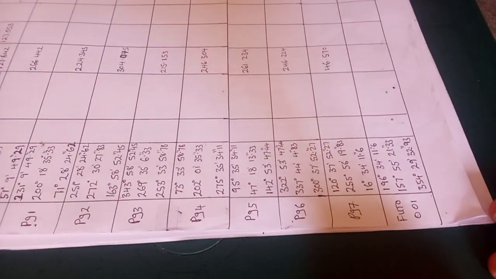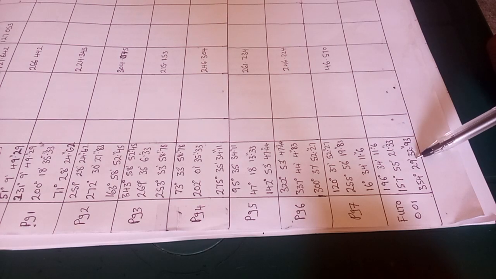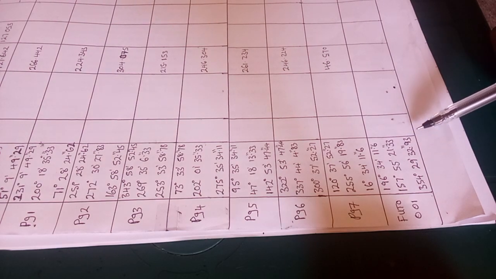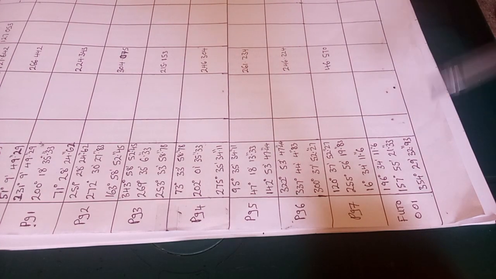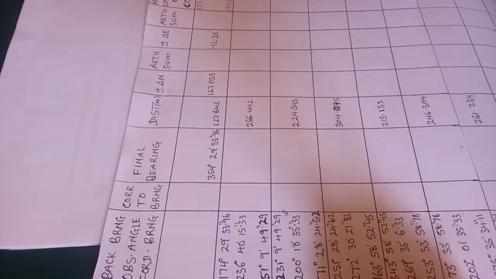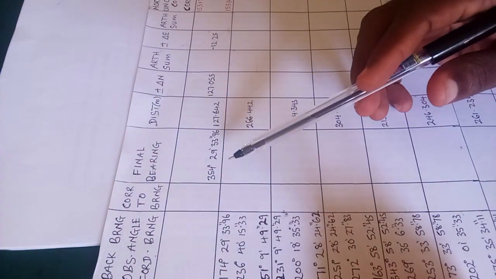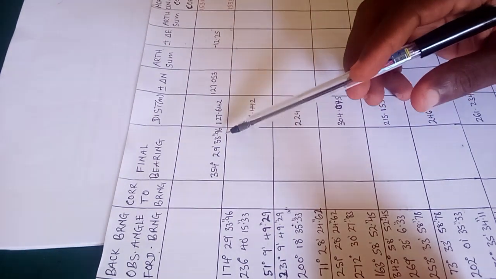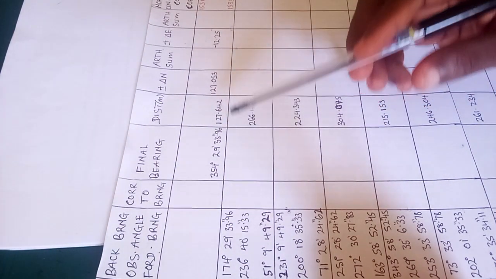We have a forward bearing between these two known stations of 354 degrees, 29 minutes, 32.93 seconds, and it is quite different from the corrected bearing, which we computed last, 354 degrees, 29 minutes, 33.96 seconds.